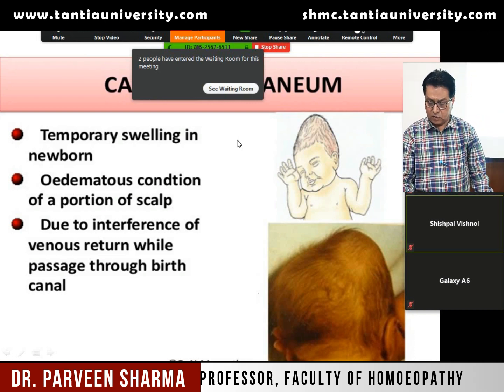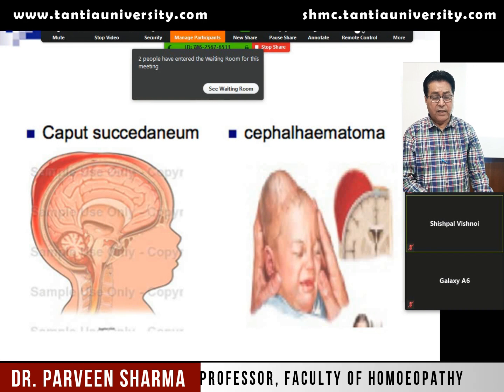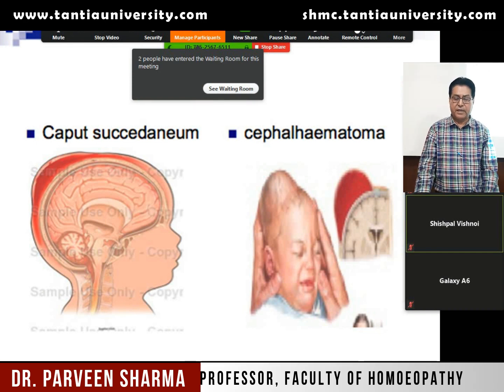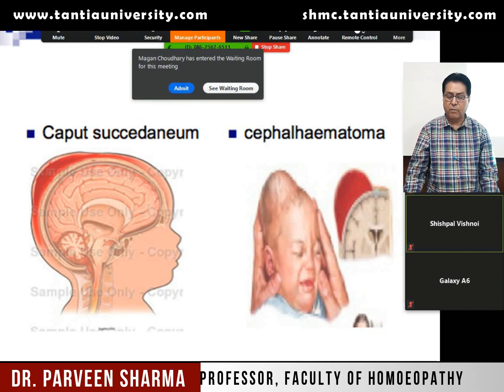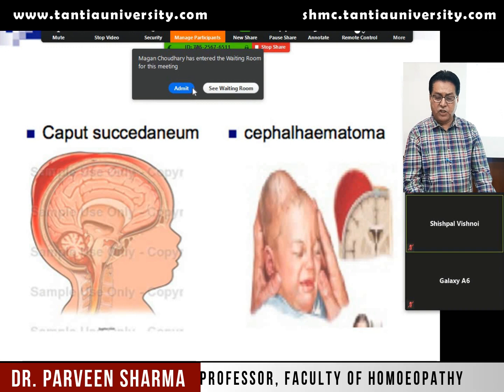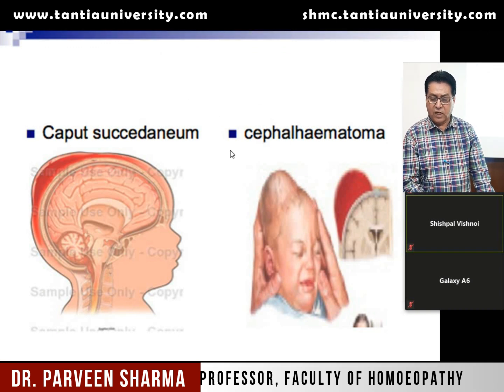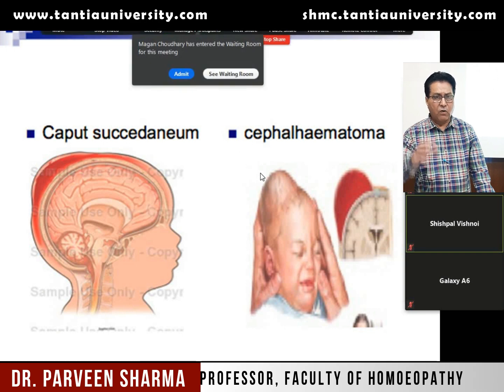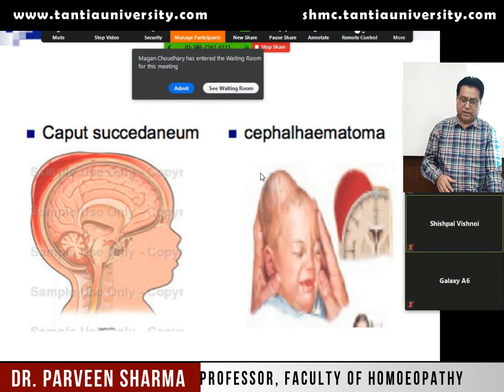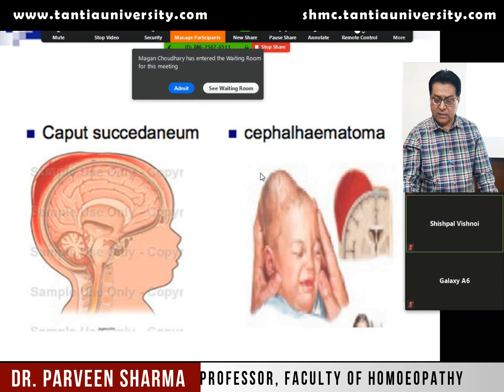Okay, so that is also one of the applied aspects. Then caput succedaneum, and cephalohematoma. So these are the conditions in a newborn baby when there is discharge of blood and it gives a swelling-like appearance on the skull, that is the cephalohematoma.